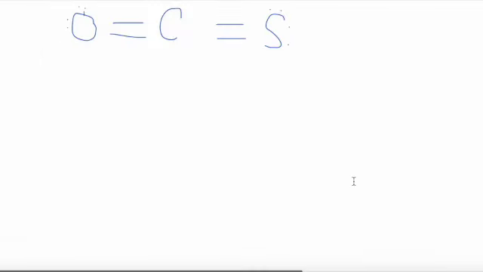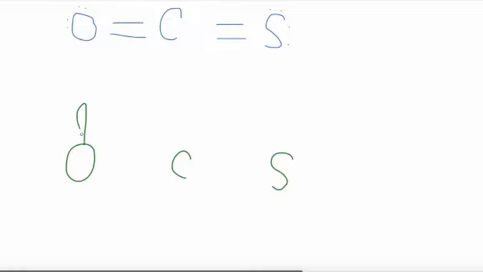To show how the sigma bonds and pi bonds work, you can actually draw them, which will help strengthen your understanding about the sigma and the pi bonds. So basically the carbon, which we know is in the middle, the oxygen is over here, and the sulfur is over here. The oxygen is involved in one pi bond and one sigma bond with the carbon, right?